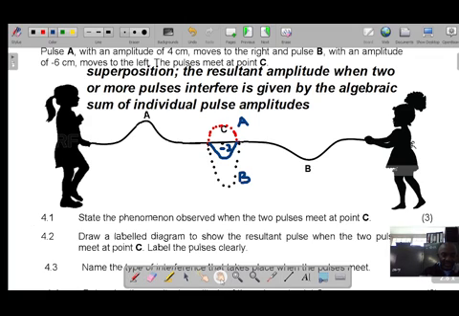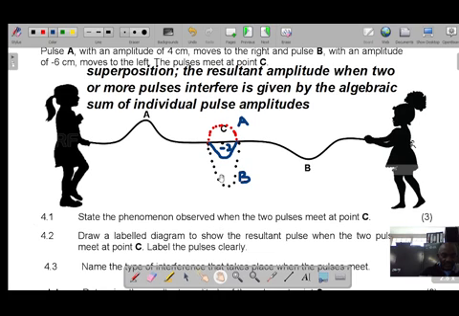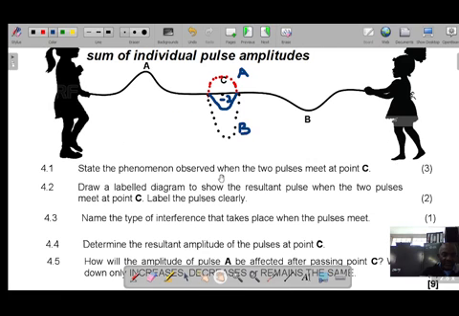Next is saying name the type of interference that takes place when the pulses meet.